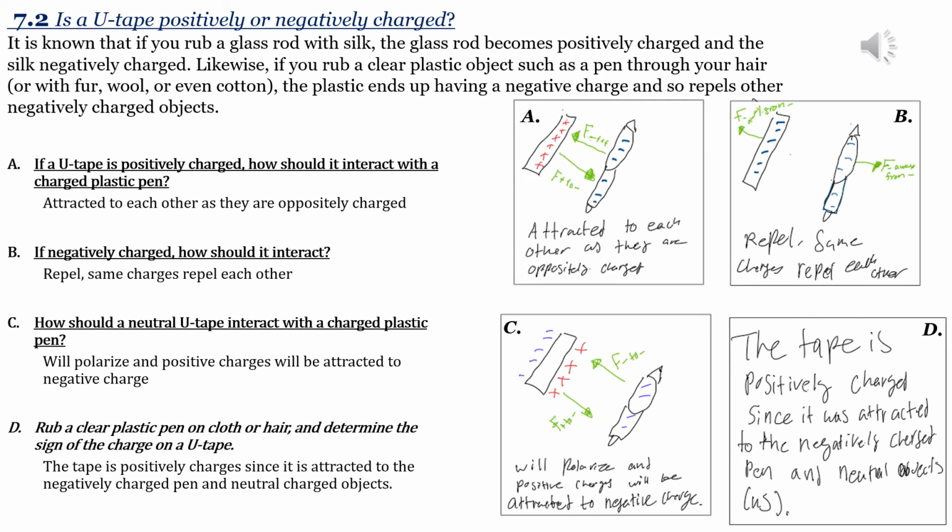If the tape is neutrally charged, then it would also be attracted to the negative pin, because the charges within the tape would be polarized, and the positive charges of the tape would be attracted to the negative pin, and the negative charges would be repelled. Proven in our lab, the tape is positively charged as it's attracted to a negatively charged pin and neutral objects. Also, our lab proves it.